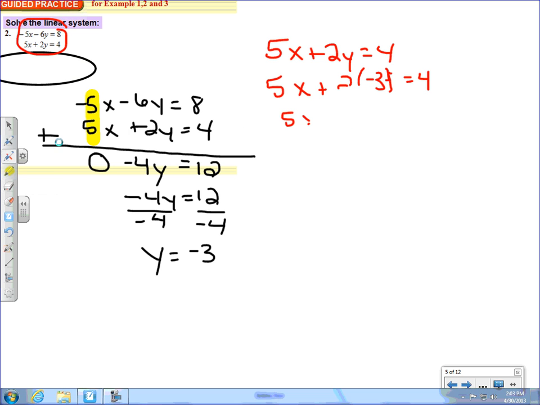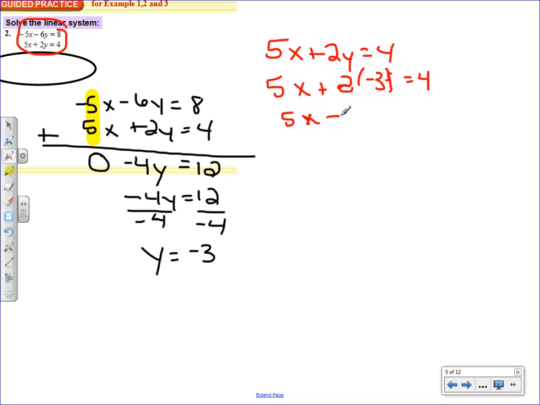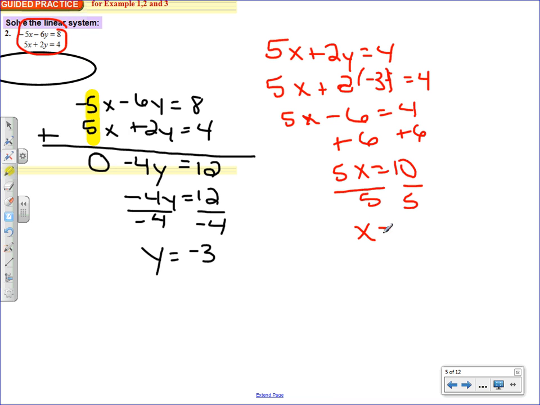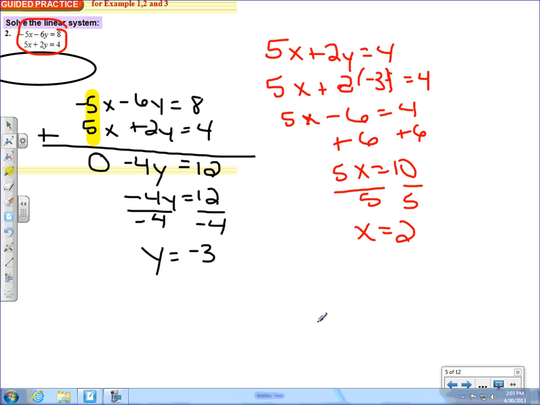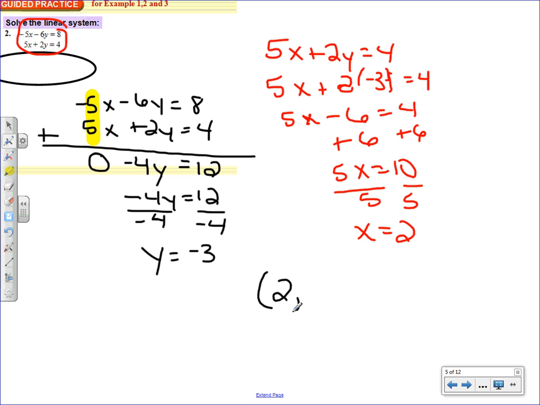What I had was 2 times negative 3, so it would be 5x minus 6 equals 4. We're going to add 6 to both sides. We have 5x equals 10. Divide both sides by 5, and our x value is 2. So the coordinate point, the solution, is 2, negative 3.